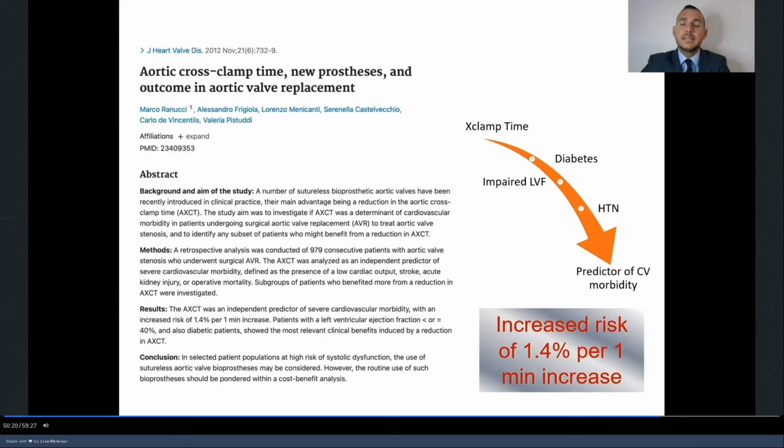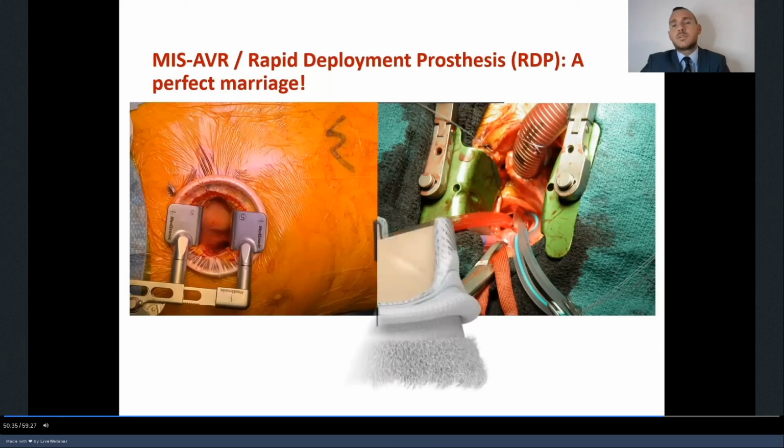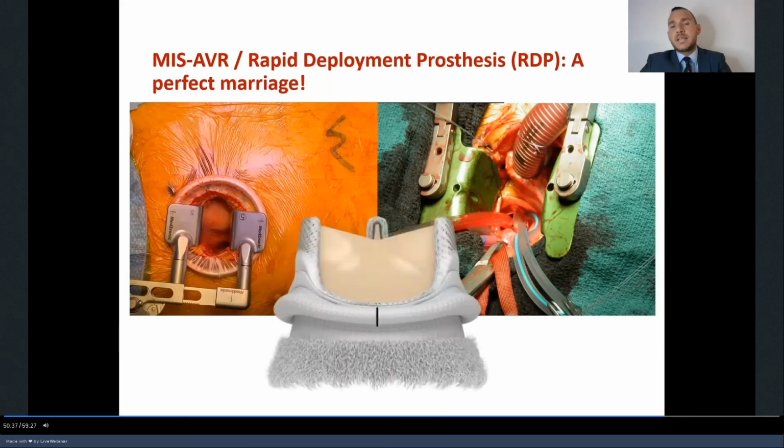And the implantation of the sutureless valve has made the cross-clamp time and bypass time significantly lower, mainly in the context of minimally invasive cardiac surgery. This is why this combination represents a perfect marriage for the minimally invasive approaches to the aortic valve.